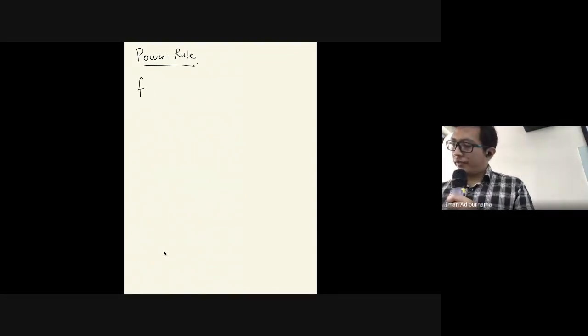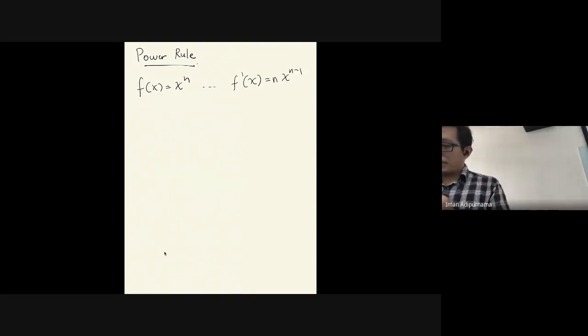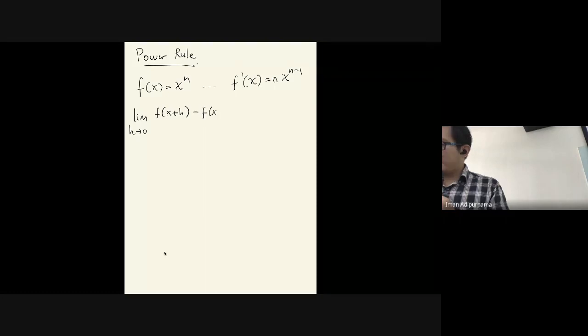So this is when you have the functions and you have the derivative, right? Okay. So let's start just writing h approaching 0, and then start with the definition by limit.